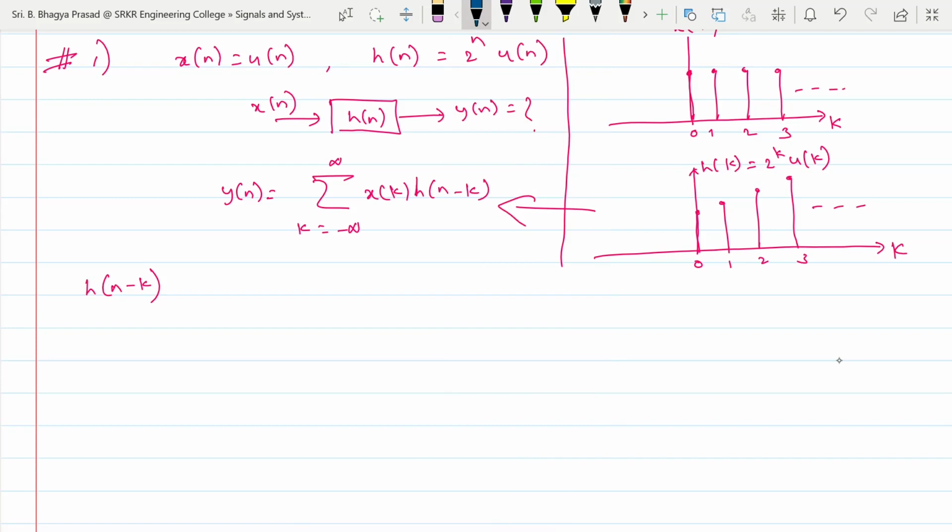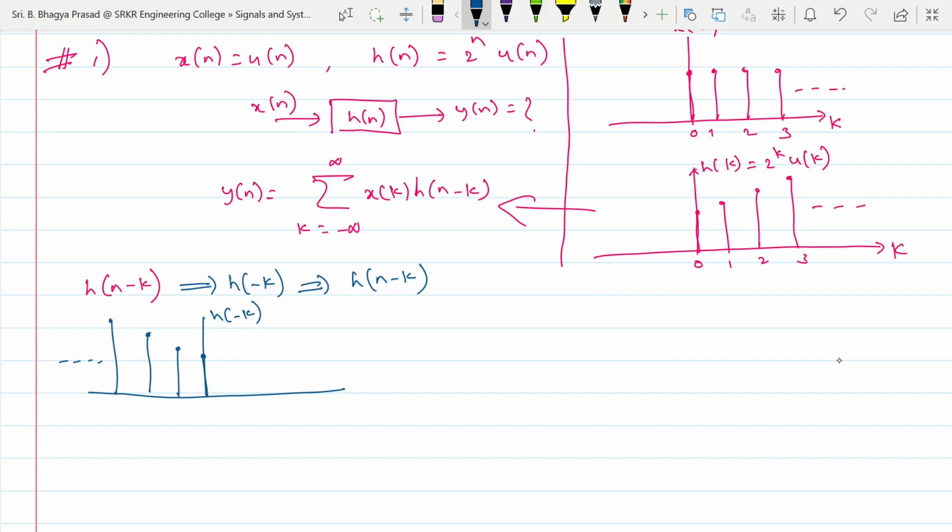So first we go for h[-k], then we go for h[n-k]. h[-k] is the time folded version of h[k]. Now the axis is 0, -1, -2, -3.